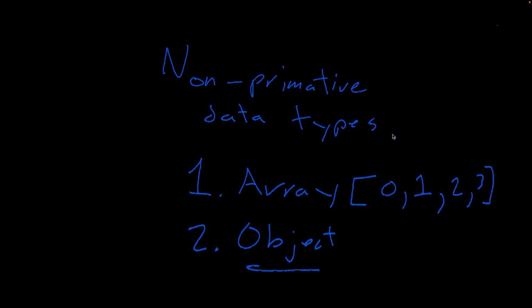An object is a little bit different. An object has these brackets, and it has something called the key value pair. So you have a key, and then you have a value.